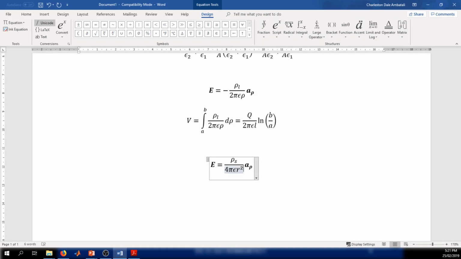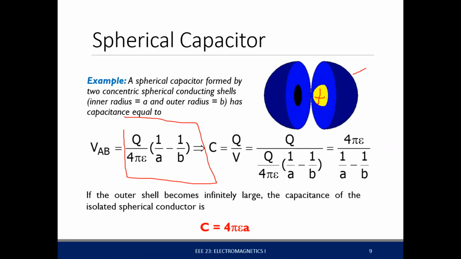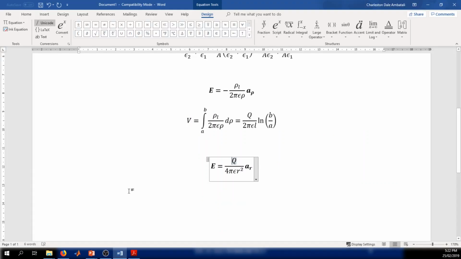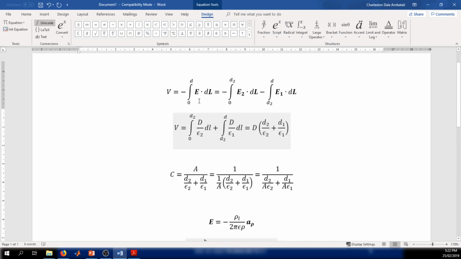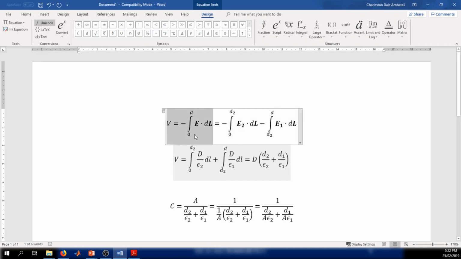So this is the electric field for the point charge. Sorry, this is not the surface charge density. It's the total charge. There you go. So the total charge that is accumulated within the conducting sphere inside. Okay, so that's the electric field. So we want to again get the voltage.